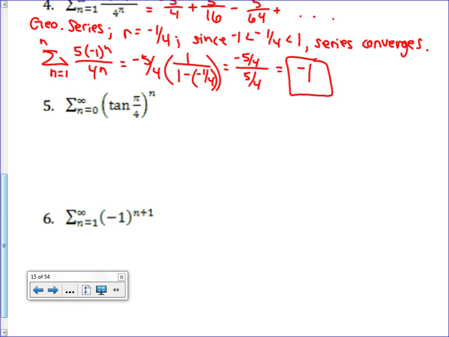Just a hint, if it's not a geometric series, right now we have to say, I don't know. So probably a geometric series. Is that n or pi? Tan of pi over 4 to the power of n. Can you see the difference? Pi, n.